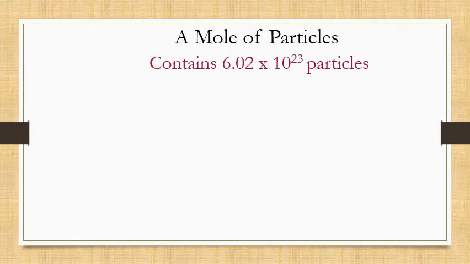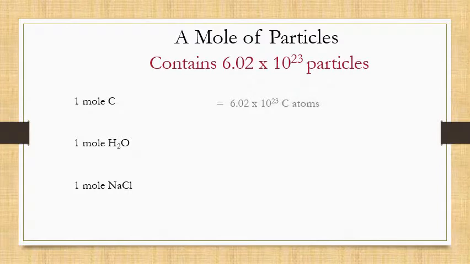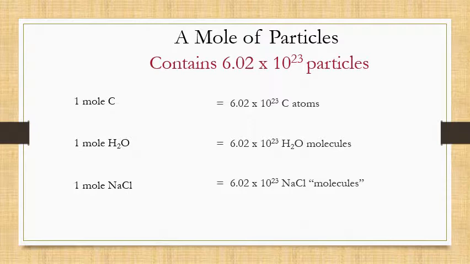So a mole of particles contains 6.02 times 10 to the 23 particles. 1 mole of carbon will equal 6.02 times 10 to the 23 carbon atoms. 1 mole of water will contain 6.02 times 10 to the 23 water molecules. And 1 mole of sodium chloride will contain 6.02 times 10 to the 23 sodium chloride molecules.